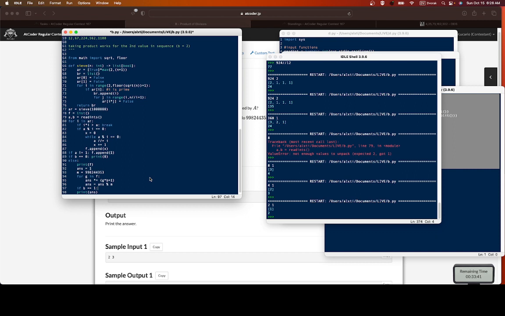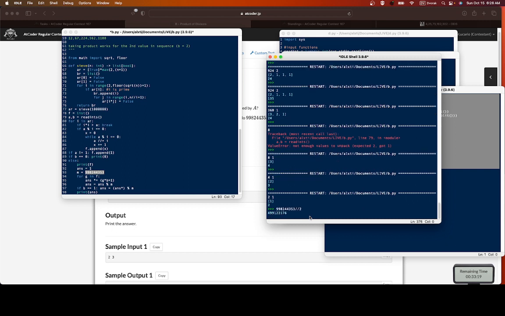Okay, one more thing. The modular inverse of this is just this, 2 plus 1. Confirm by just doing 299.